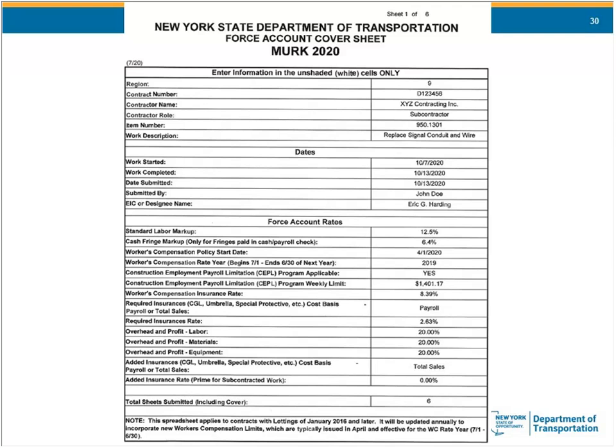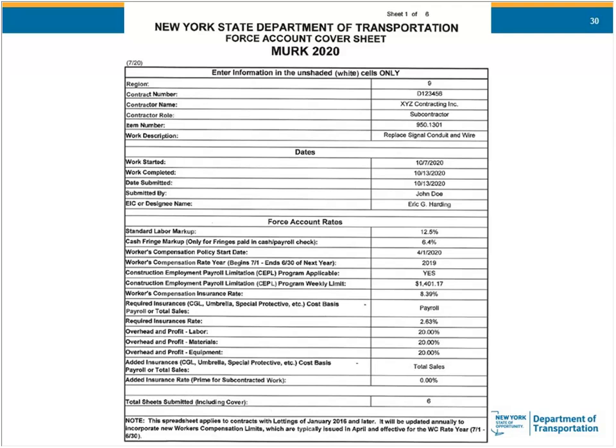If you review this package and you send it back to the contractor for correction, they should be changing that date submitted. It's not the date that you're submitting it on the change order. This is the date this package is being submitted to the field office, to the EIC for review.